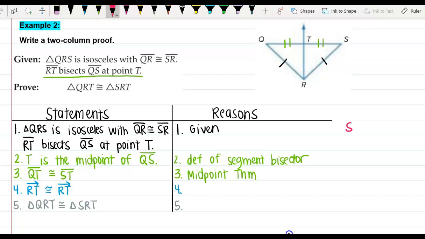We have another congruent statement, so I'm going to label that as a side, just to remind myself. And then last but not least, RT is congruent to RT. So the same segment is congruent to itself. Anytime anything is congruent to itself, this is what we call reflexive property.